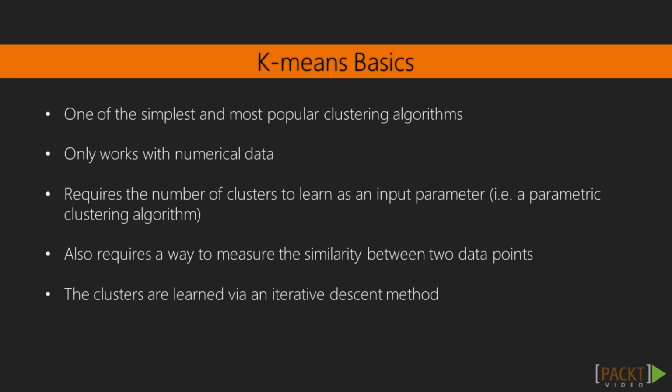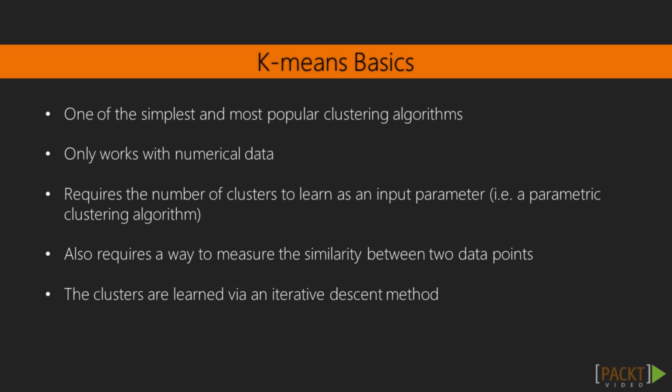First of all, it should be noted that k-means is one of the most well-known clustering algorithms due to its simplicity. It should also be noted that k-means only works for numerical datasets. So if your data is not numeric, you must transform it into a numeric format in order to use k-means. As input parameters, k-means requires the number of clusters to be found, k, as well as a function that measures the similarity between two data points.